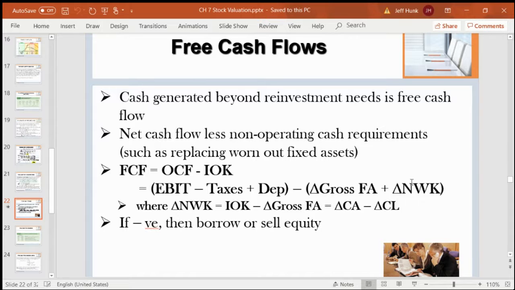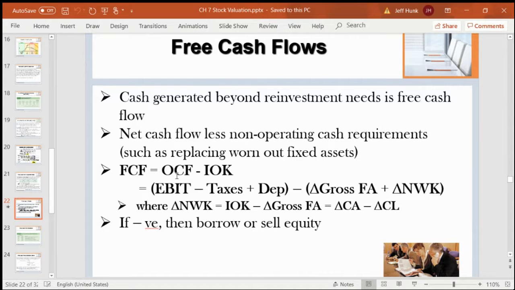Current asset is called working capital. Net working capital is basically the net. In other words, current assets minus current liabilities is called net working capital. Okay. So that is the investment in operating capital.